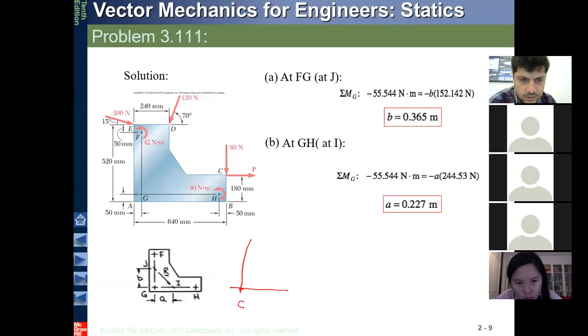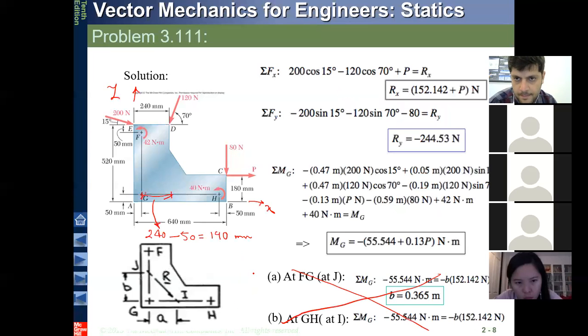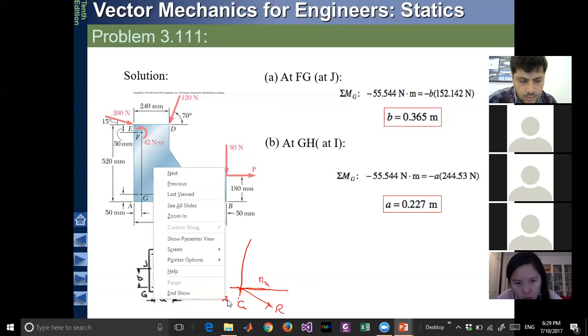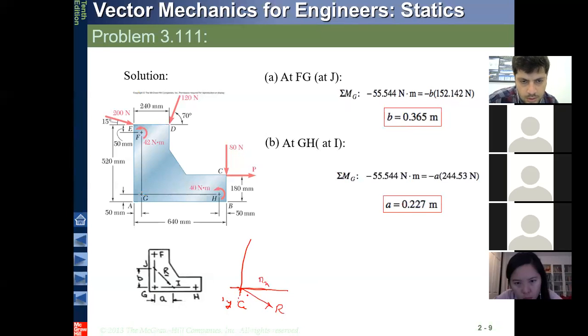Imagine this is point G, and you have something like this. This is R, which now has the components R of X and R of Y, and also we have a moment, MG. Now we want to find a point in space such that if we put that force at that point, there would be no moment in the system.